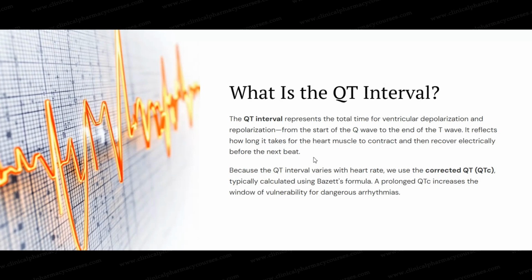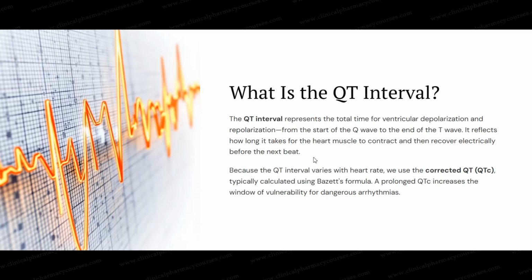The QT interval basically represents the total time for the heart's ventricles to depolarize and then repolarize, from the start of the Q wave to the end of the T wave. This interval reflects how long it takes for the heart muscle to contract and then recover electrically before the next beat.